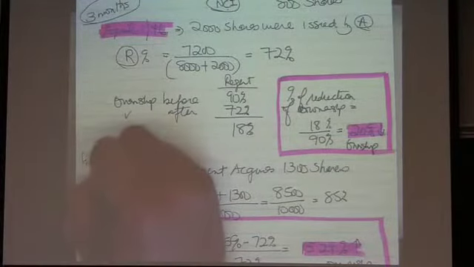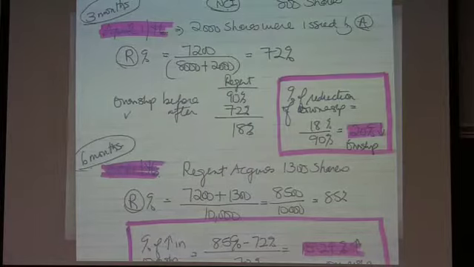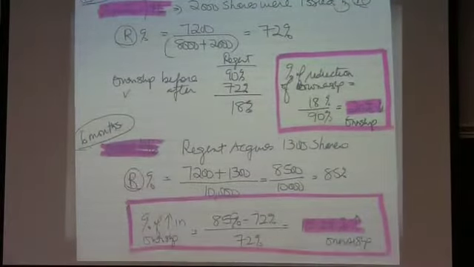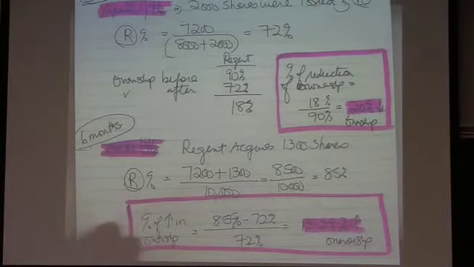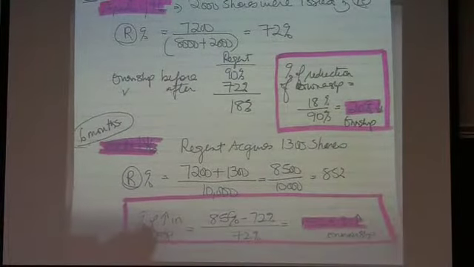This is October 1st. It's going to be important because when we're calculating the amortization of the acquisition differential, we're going to need to know how many months to amortize. So let's move on to the next part of the question.